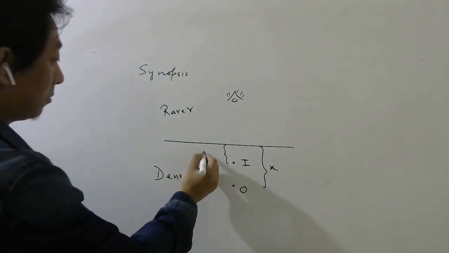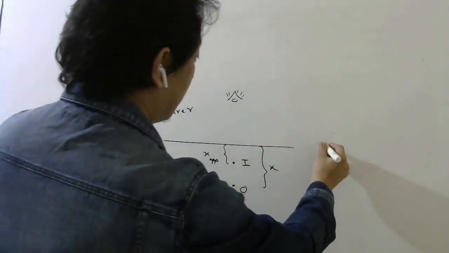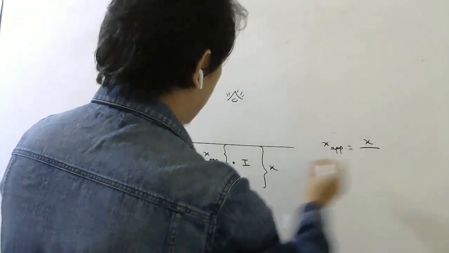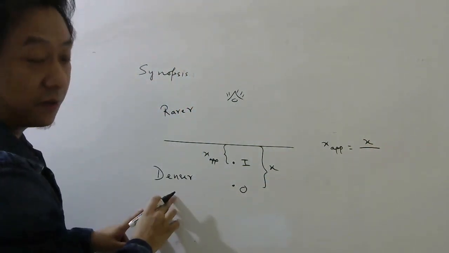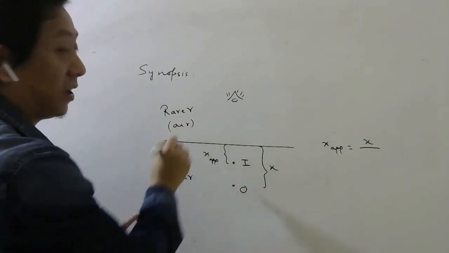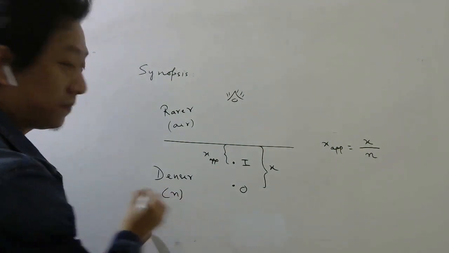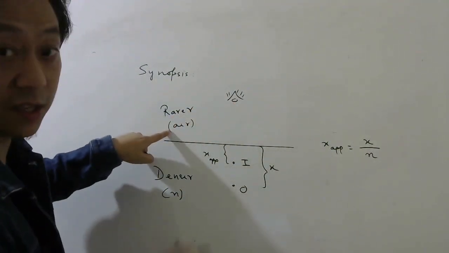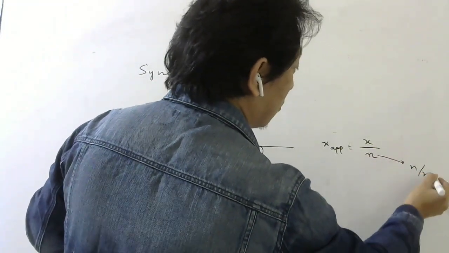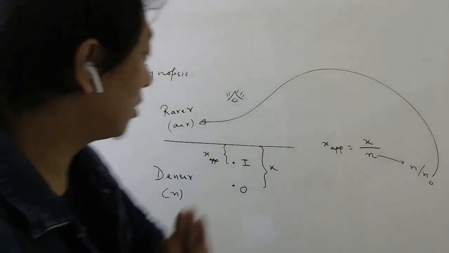Now apparent depth will be lesser than real depth. So apparent depth will be real depth divided by the refractive index of the denser medium with respect to the rarer medium. Now usually the rarer medium may be air, then write only the refractive index of the denser medium. But if the observer is in some other medium, then replace this n by n naught, where n naught belongs to this medium. Okay, so this formula you should remember.